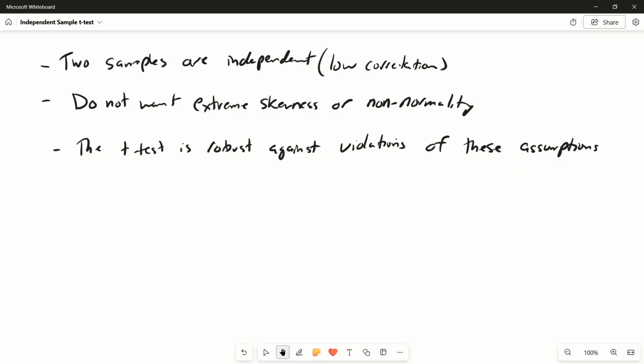So the t-test is robust, which means it's not going to be really affected unless you have extreme unequalness in variances or extreme skewness or extreme non-normality, right? Or a very high correlation between the two data sets. So it tolerates most of this very well, but you can have situations where it's difficult to run the t-test if you have a really messy data set.